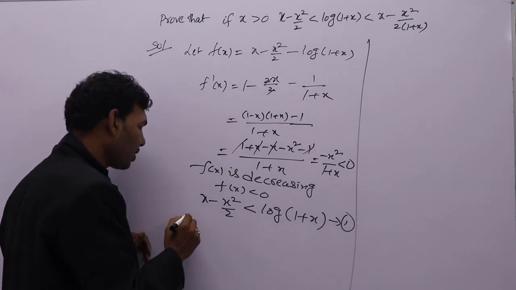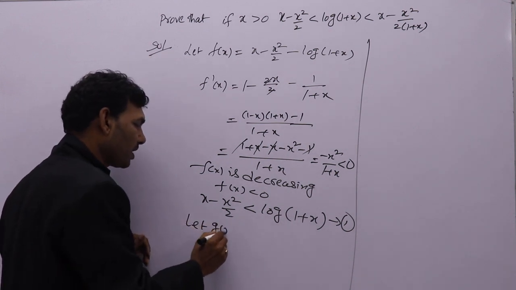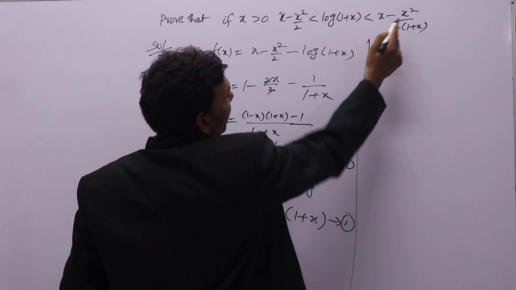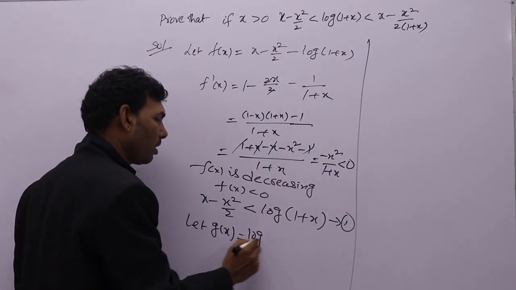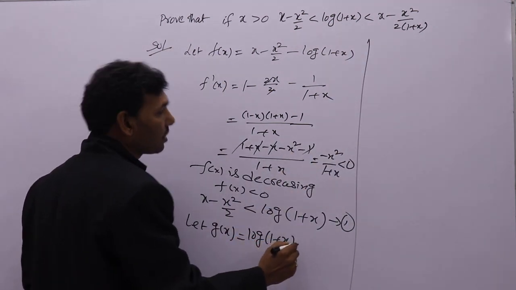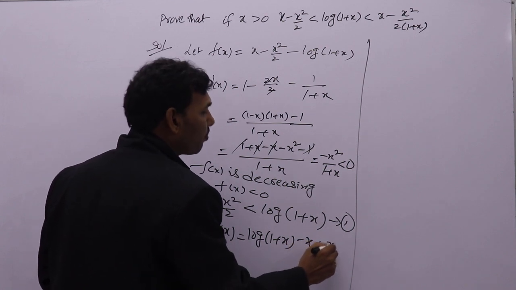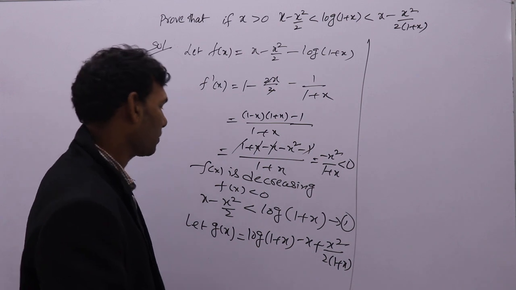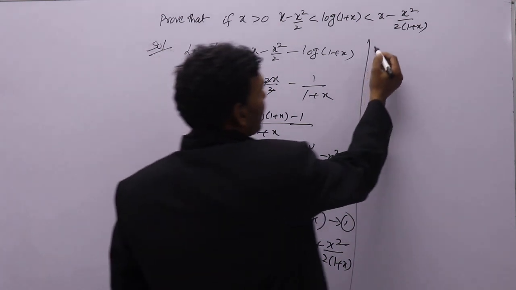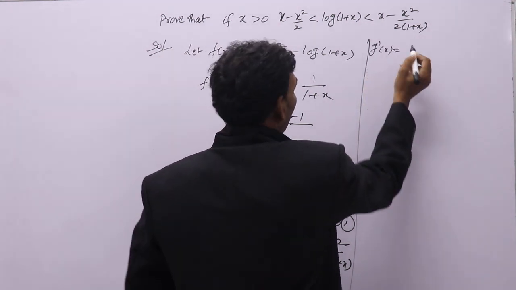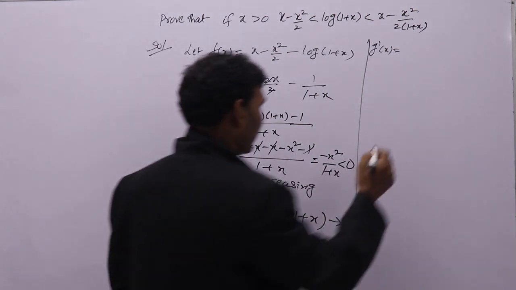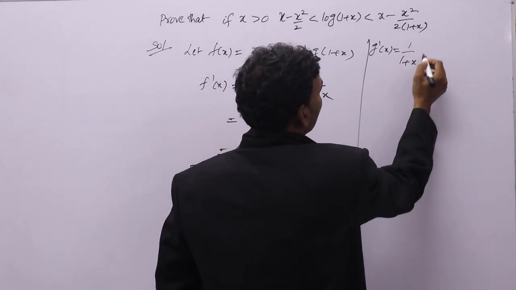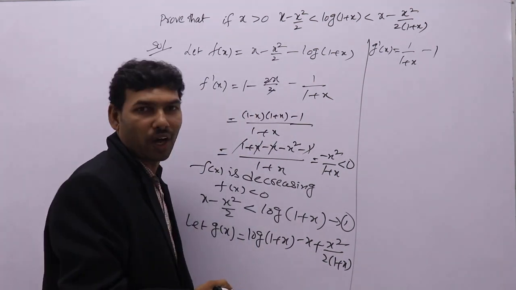Next, take g of x. Let g of x equal this one minus this one, like this: log 1 plus x minus x plus x squared by 2 into 1 plus x. Now differentiate: g dash of x equals differentiation of log 1 plus x, 1 by 1 plus x, minus differentiation of x, 1.